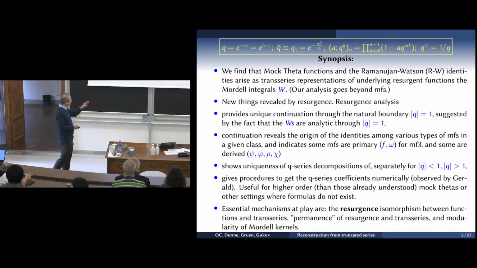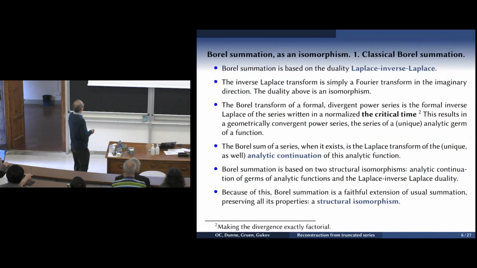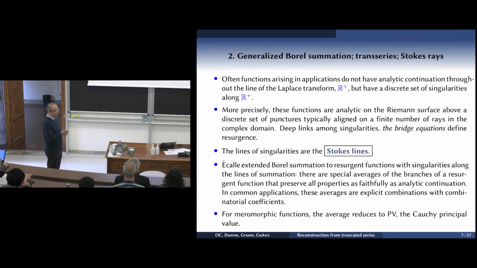One ingredient, the other ingredient is some form of modular transformations that we need. Okay, so if I spoke of preservation of relations, I'm going to talk first about that, as Borel summation is an isomorphism between functions and formal representations, the formal representations being trans-series.